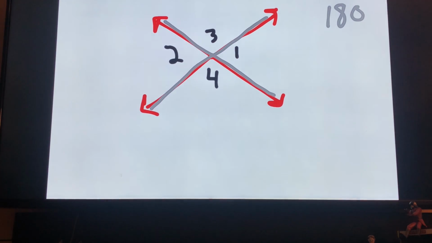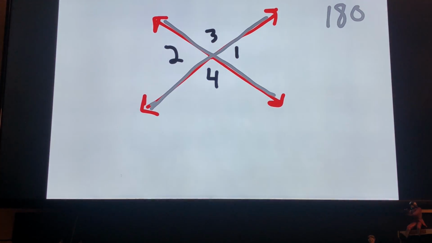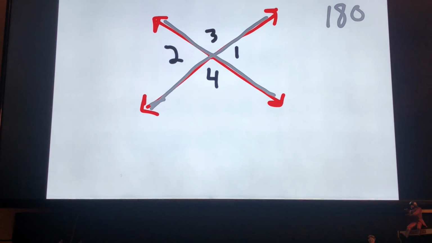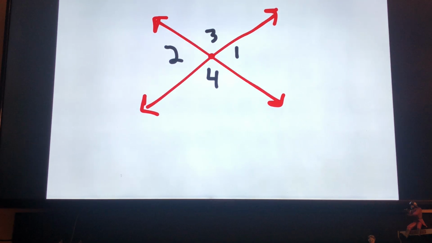Now, if you look at another, let me write a different color here. You guys see these? So you see two different sets of angles.